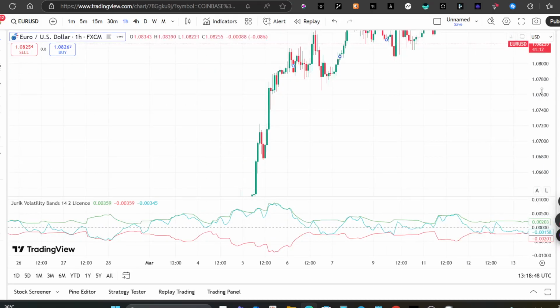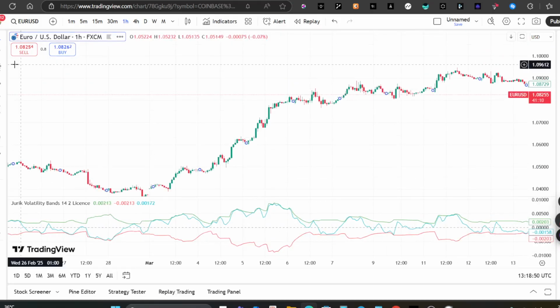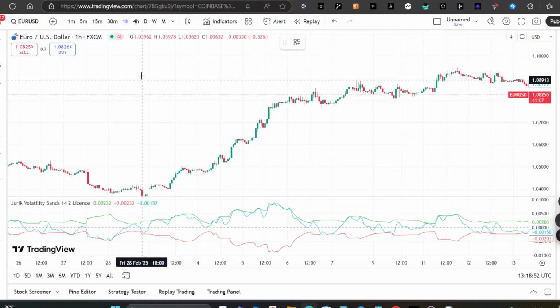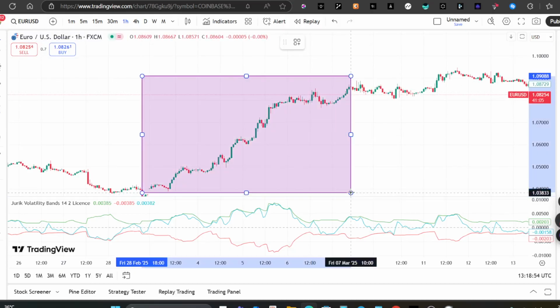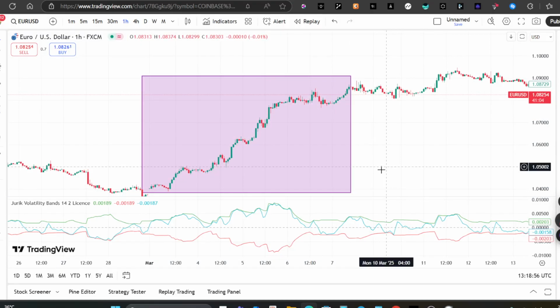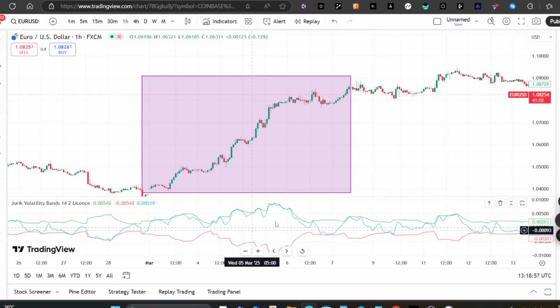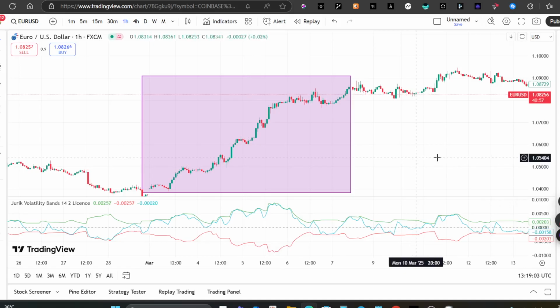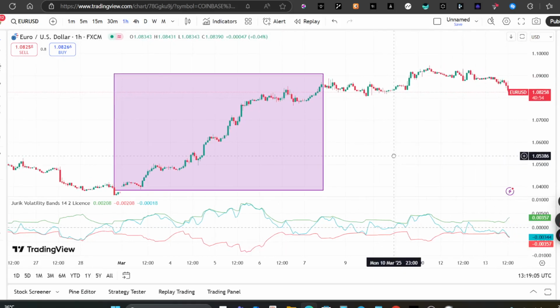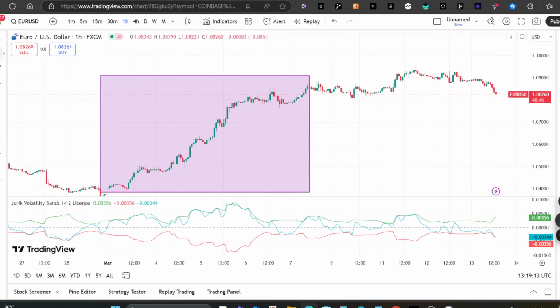You can see this is a very good example. When we had an increase in volatility around this zone, can you see that the bands widened? You can see that for yourself. Okay, but when there is low volatility, the bands will tighten, and you can see this is what happened here.